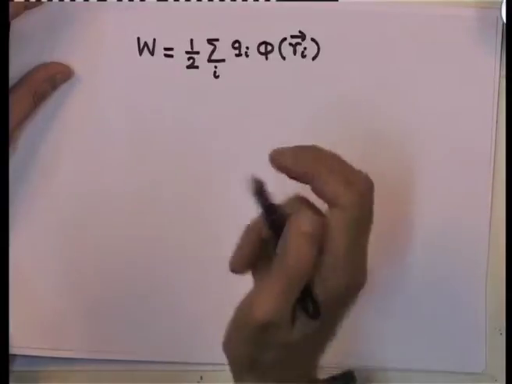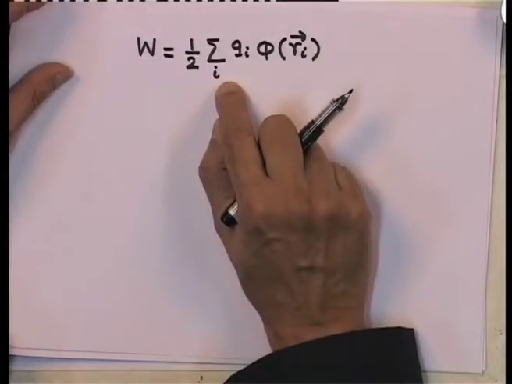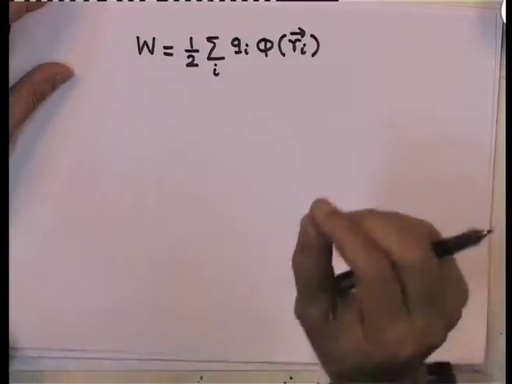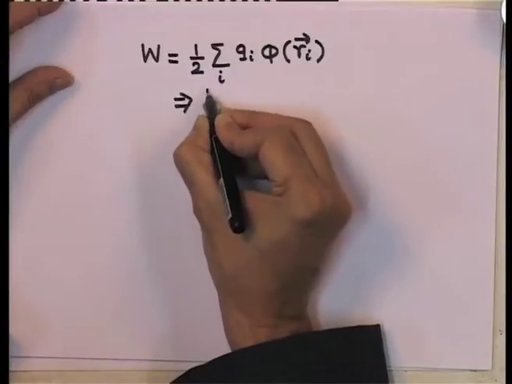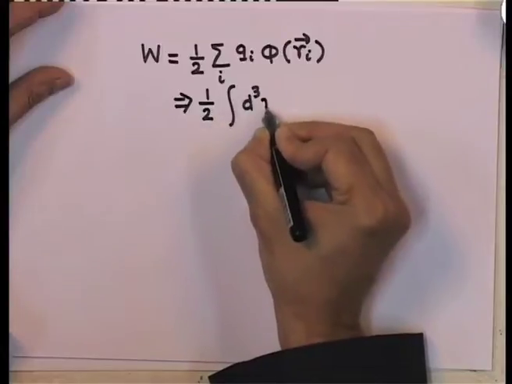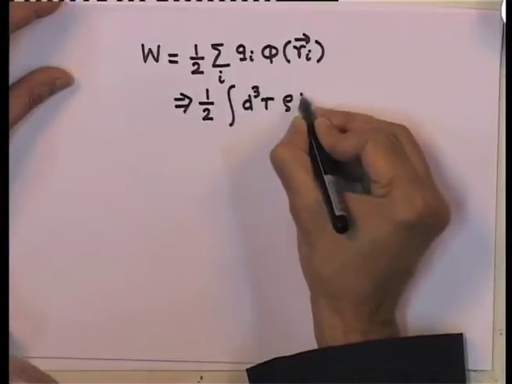For a continuous charge distribution, this sum over i will go over, I will take a volume and locate a small volume element at the position r, and the charge in that will be rho times the volume element, the charge density times the volume element. So, as a result, the natural extension of this expression is the integral of dq over the volume, rho of r.